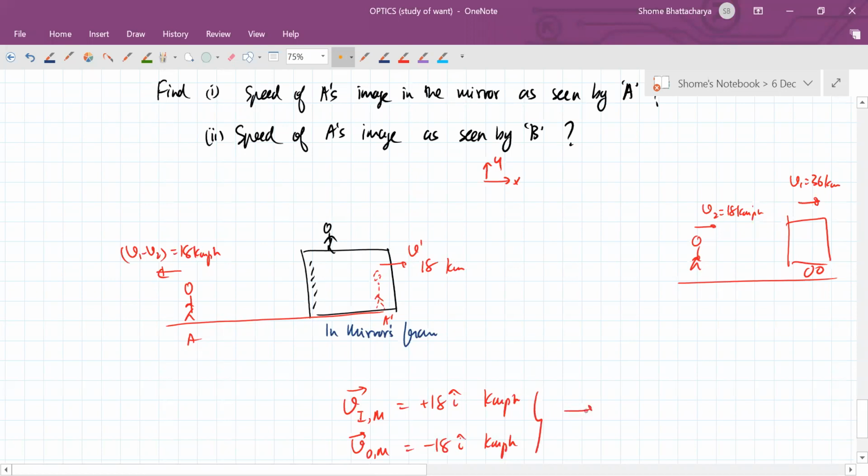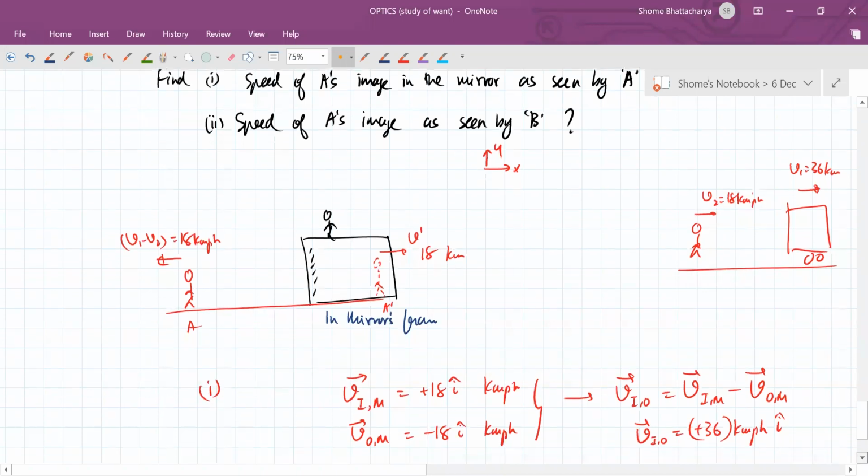So the velocity of the image with respect to the object will become the velocity of the image with respect to the mirror minus the velocity of the object with respect to the mirror. So that will become plus 36 kilometers per hour i cap. So this is the answer to the first part.